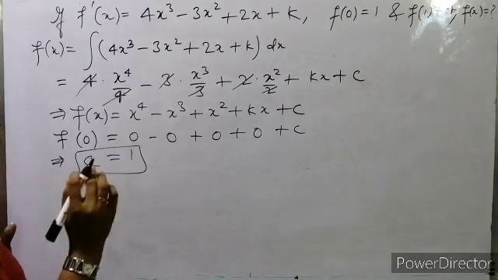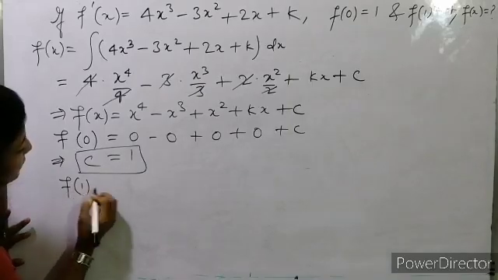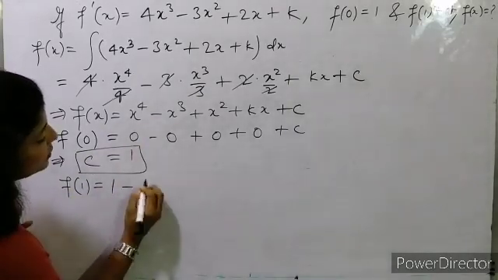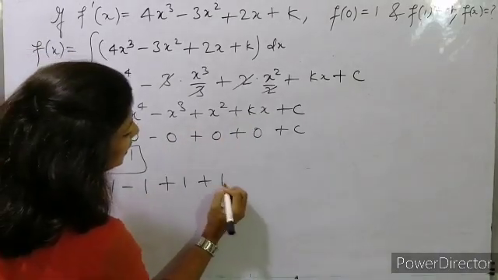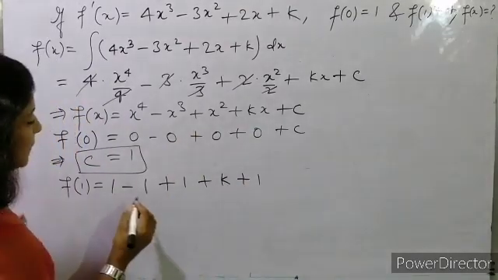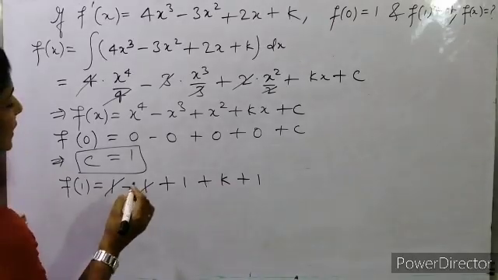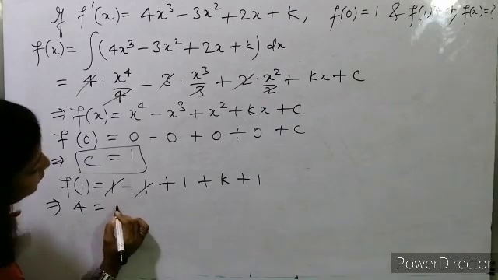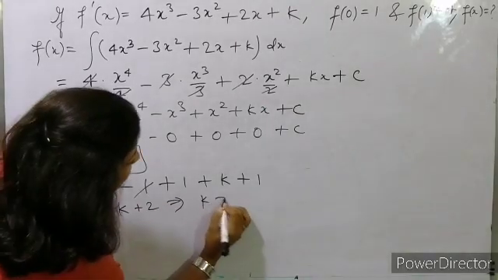Now f1 is 4, so we write for f1: this will be 1 minus 1 plus 1 plus k plus c, where the value of c is 1. So 1 minus 1 cancels, leaving k plus 2, and this is given as 4. So k plus 2 is equal to 4, which means k is equal to 2.